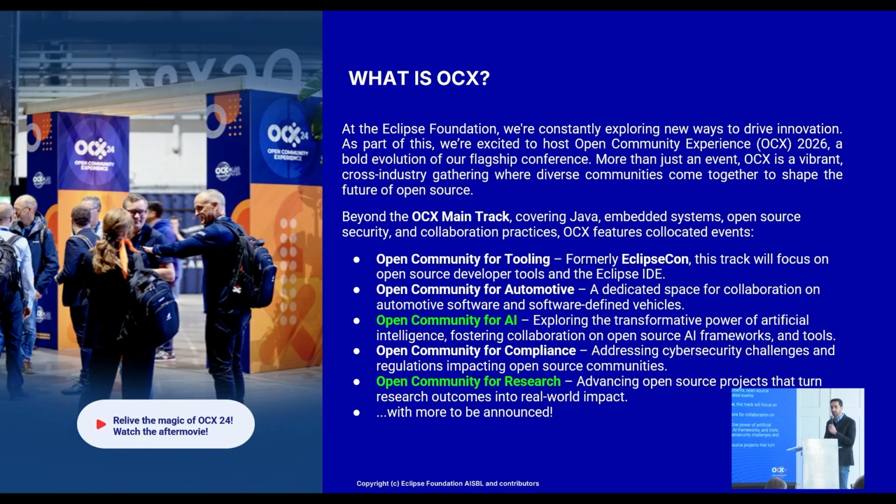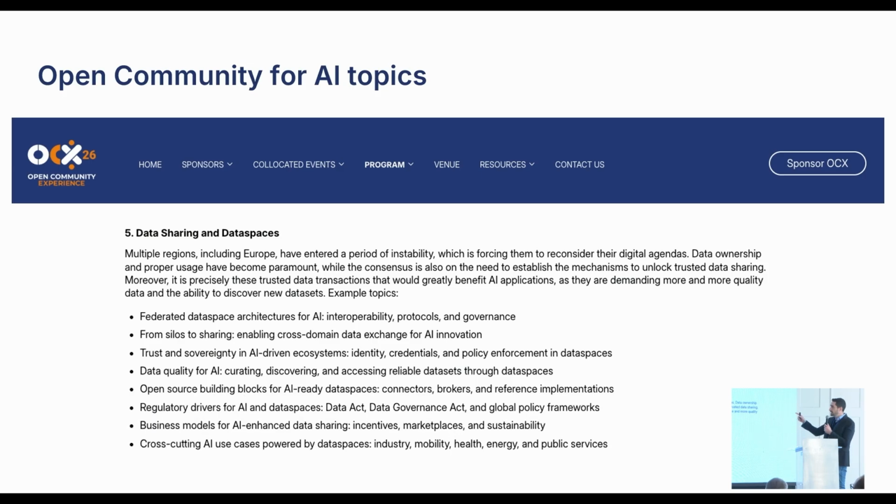I know we have here representatives of a number of European funded projects, so it's also a good spot for everybody to be presenting their projects there. And especially, as we were saying, on the OSS for Artificial Intelligence, we are hosting a track which is specifically on data sharing and data spaces, and if you see the items that are described, it is looking really like what we are discussing here.